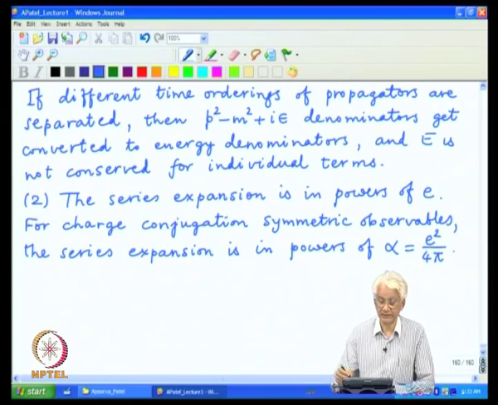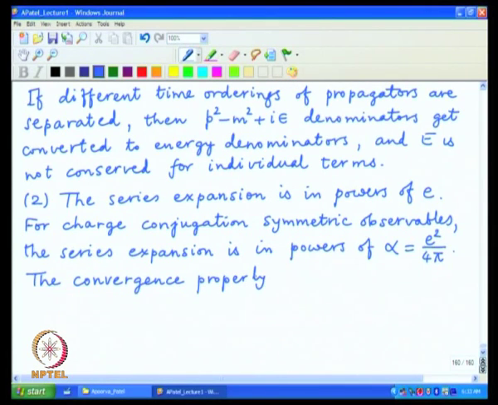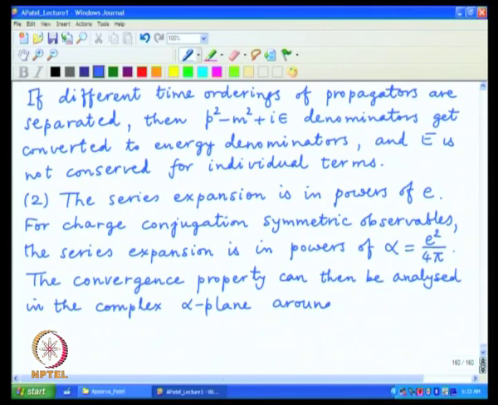And now one can ask, what is the convergence property, which can then be analyzed in the complex alpha plane around the expansion point alpha equal to 0.